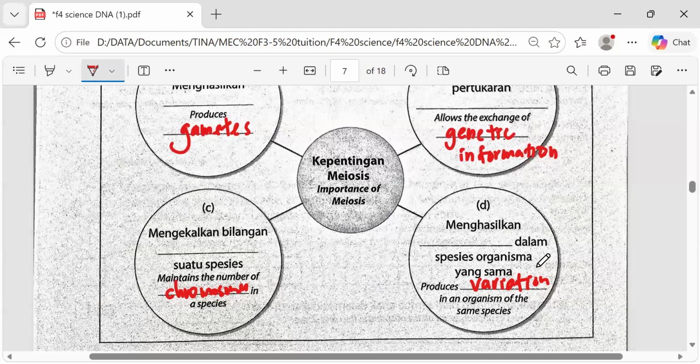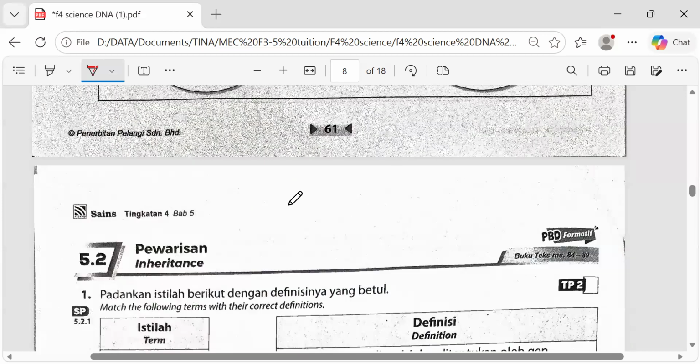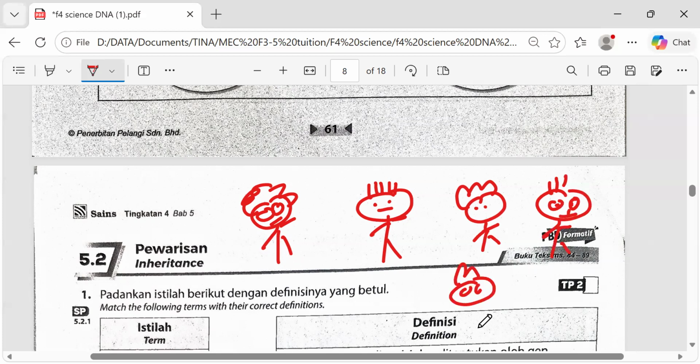So maybe mommy has curly hair and big eyes, daddy has straight hair and small eyes. The babies they have, some curly hair with small eyes, some straight hair with big eyes, some curly hair with big eyes like mommy. There's a mixture. This is called variation.